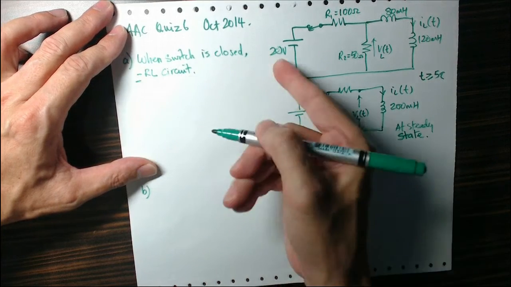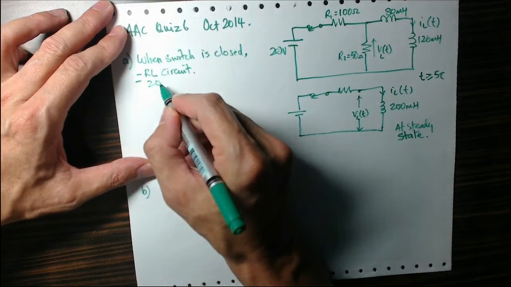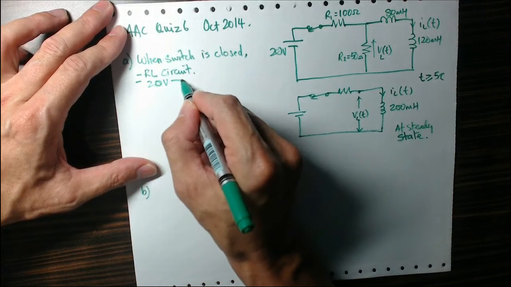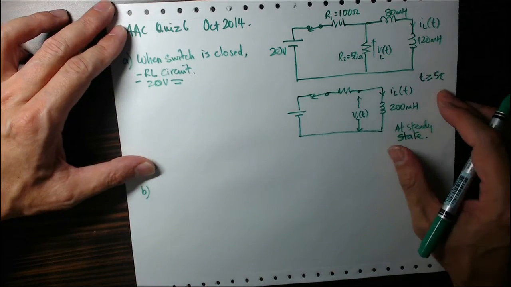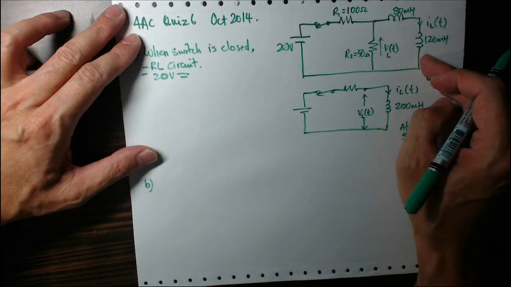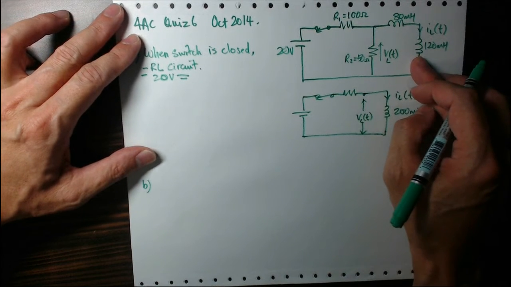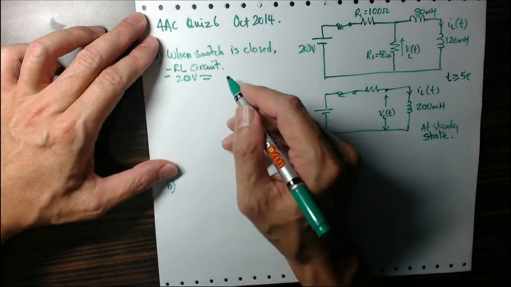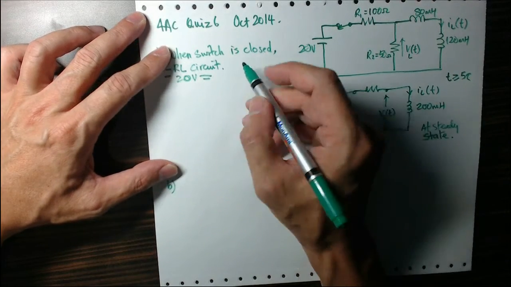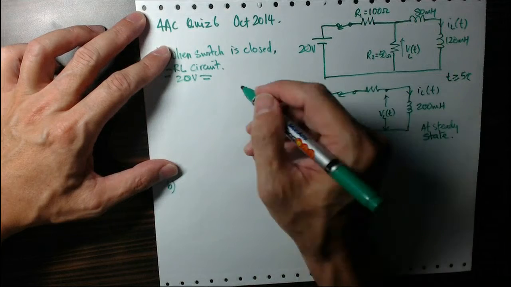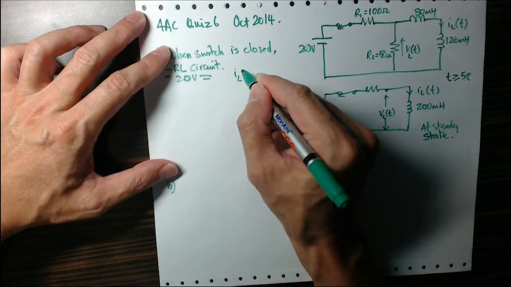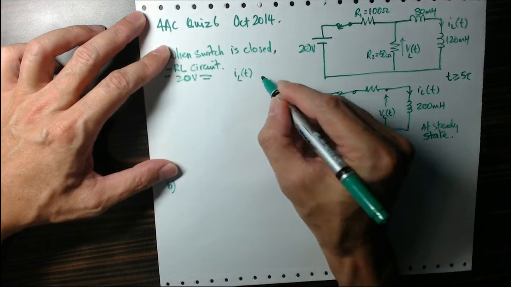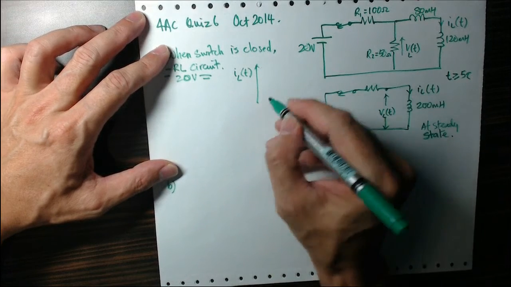Because there is a 20-volt DC supply there, we can conclude that this is an inductor storage stage. Storage stage means that when the switch is closed, the current flowing through the inductor has a characteristic like this.